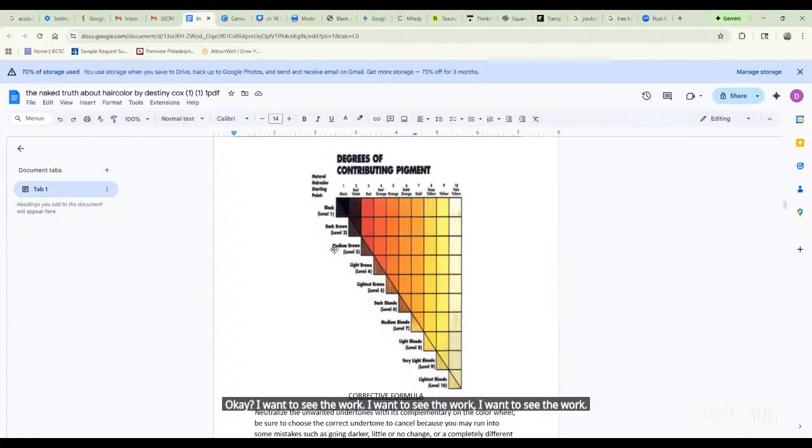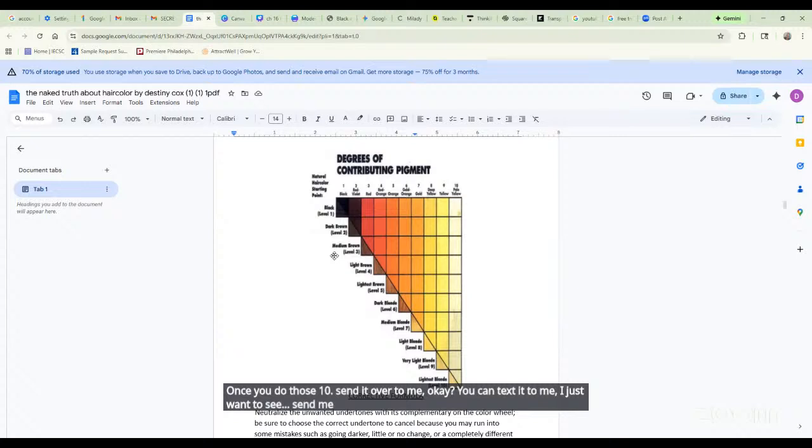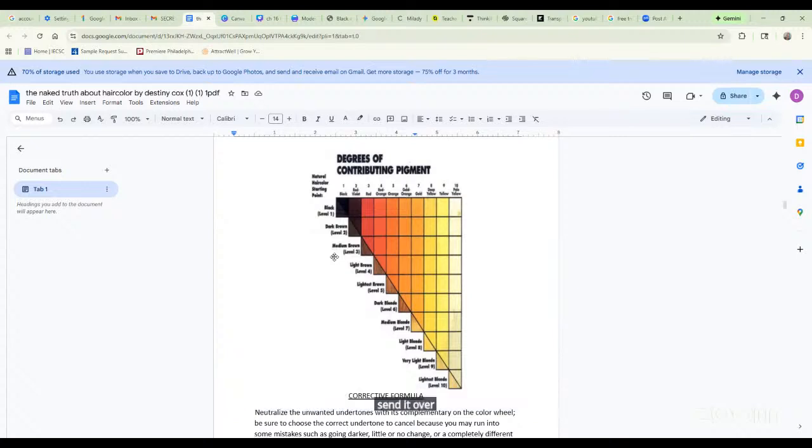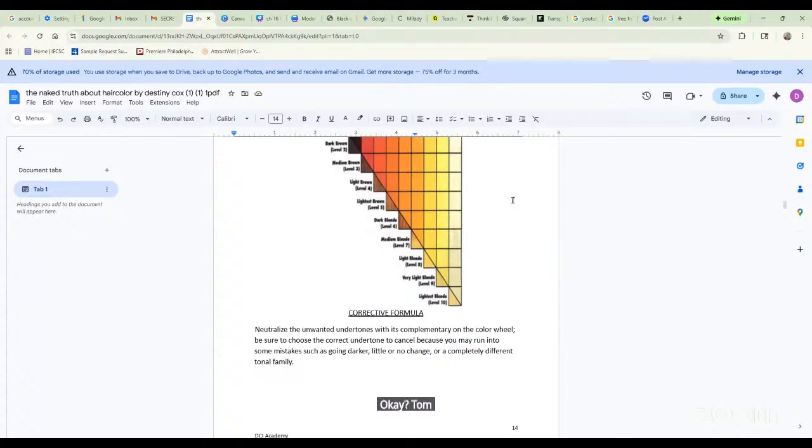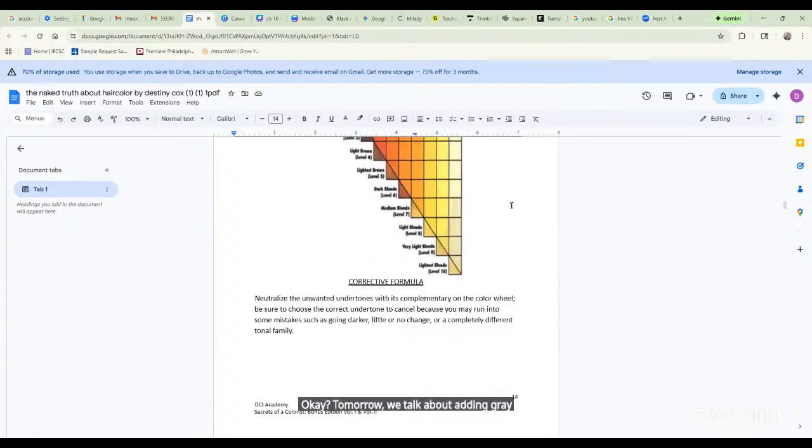Once you do those 10, get as close to 10 as possible, send it over to me. You can text it to me. Send me a picture of it, or you can email me, and I'm going to check it before we come on tomorrow. Tomorrow we talk about adding gray hair. What if the client has gray hair?